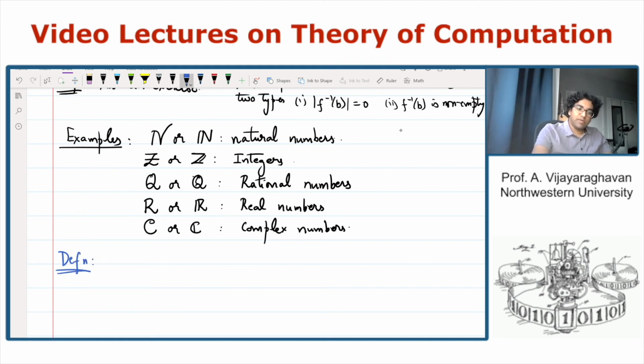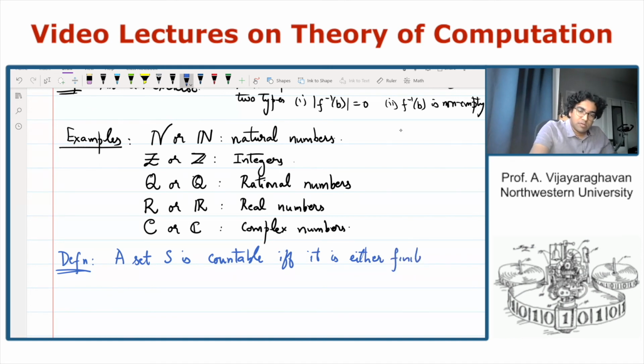A set S is countable if and only if it is either finite or the cardinality of S is equal to the cardinality of the natural numbers. Okay, so remember that these are natural numbers.